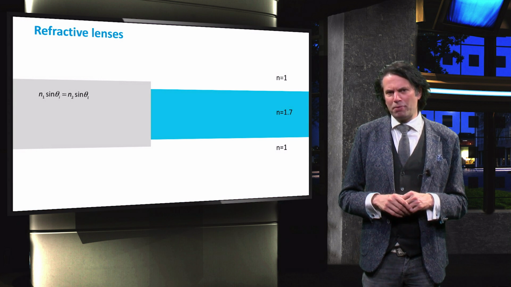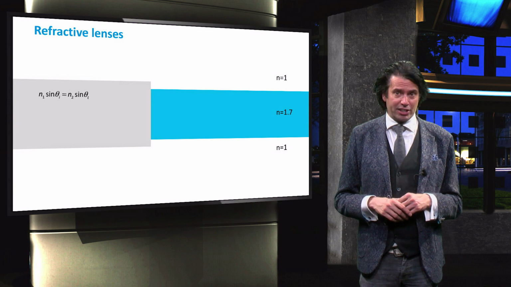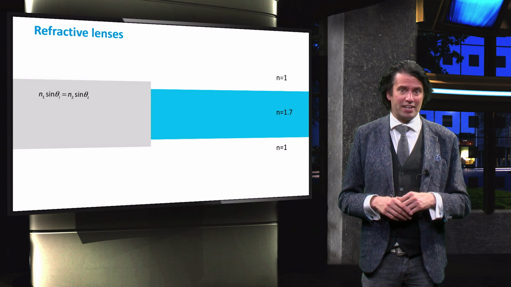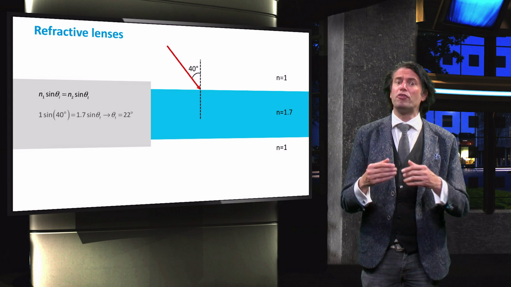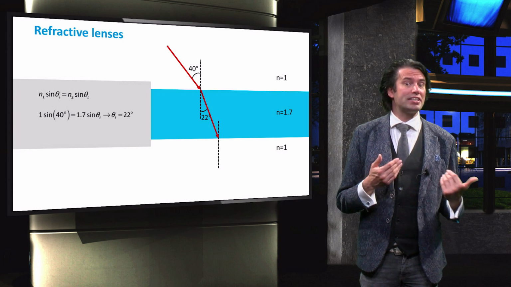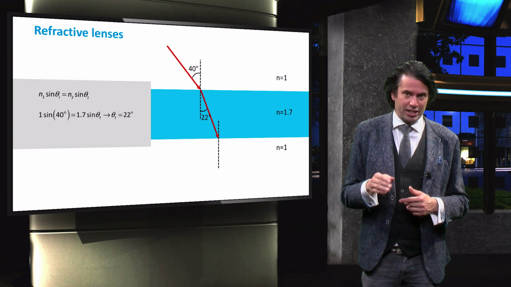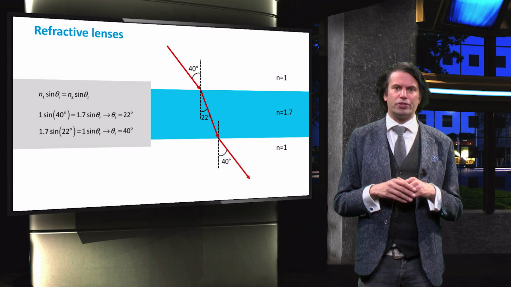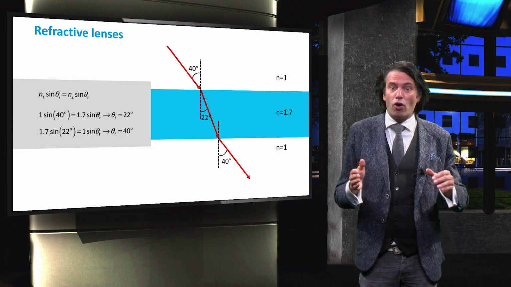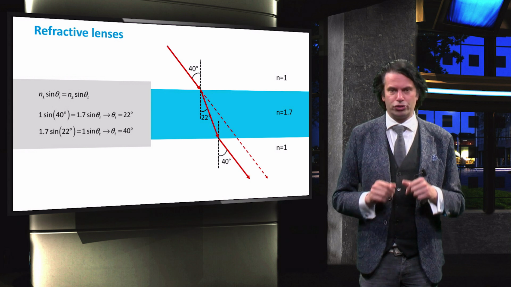If we take, for example, this flat surface with a refractive index of 1.7 and a finite thickness, light incident under an angle of 40 degrees will be refracted at an angle of 22 degrees. At the second interface, the beam will again be refracted back to an angle of 40 degrees. The beam therefore only undergoes a horizontal shift.